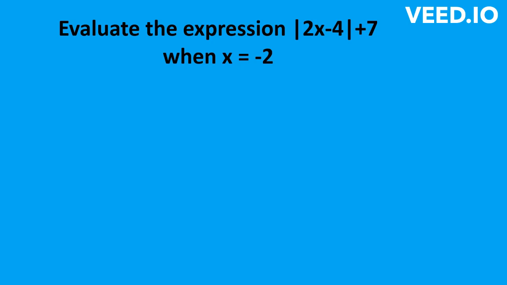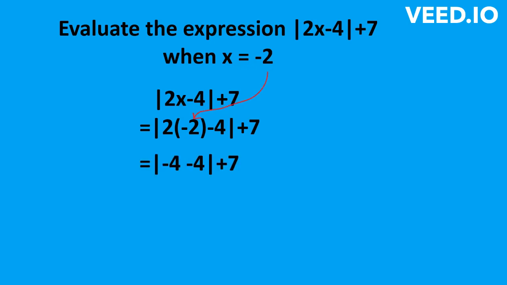So this is mod of 2x minus 4 plus 7. Let's substitute the values of x here. For x, let's put minus 2. So here it is minus 4, minus 4. Now the absolute value of minus 8.